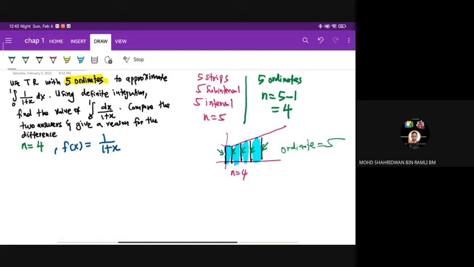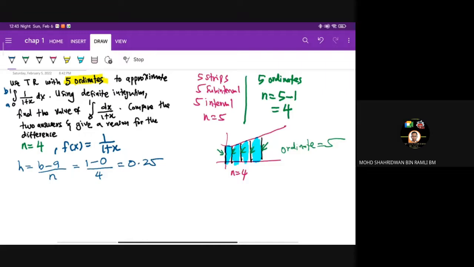At first we need to find our h. h is equal to b minus a over n. So this is a, this is b. Our b is 1, minus a is 0, over n is 4. So our h here is 0.25. So this is the first step we need to do.